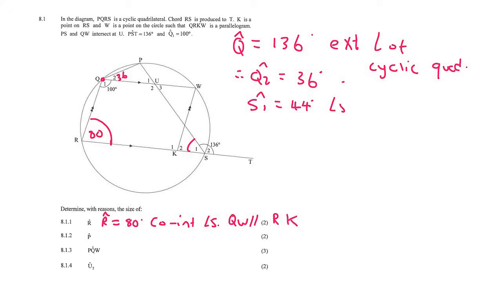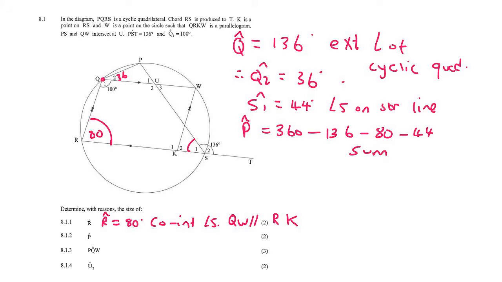Why? Because of angles on a straight line. And so now we can say that angle P should be equal to 360 minus 136 minus 80 minus 44. And that's because of sum of angles in a quad. And so that's going to be 100. So angle P is 100 degrees.